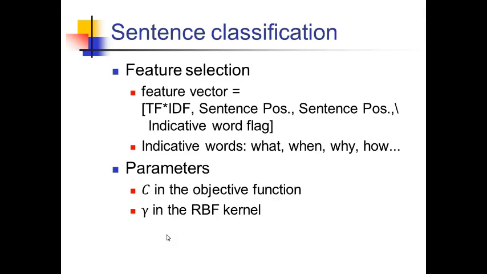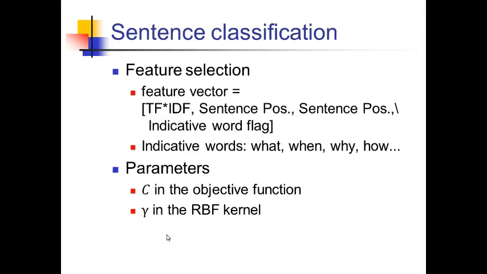In this project, the feature vector I selected includes TF times IDF, whose importance I just talked about, and sentence positions, because interview questions often appear in the end of an interview review and very unlikely to appear in the beginning of the interview reviews. So a sentence position counting from the start of the review and a sentence position counting from the end of the review will be given in the feature vector.